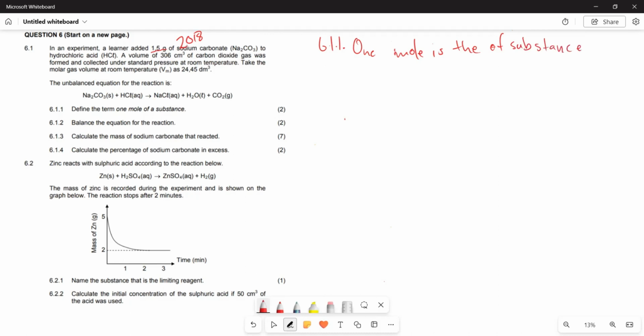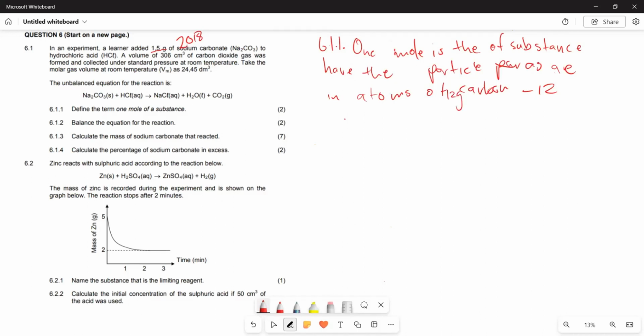having the same particles as are in atoms of carbon 12, rather as in 12 grams of carbon 12.